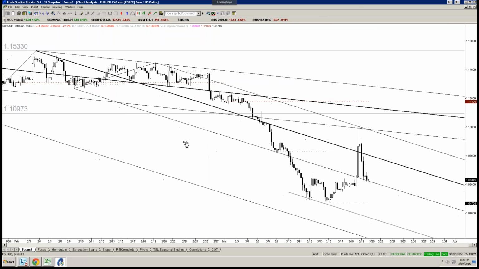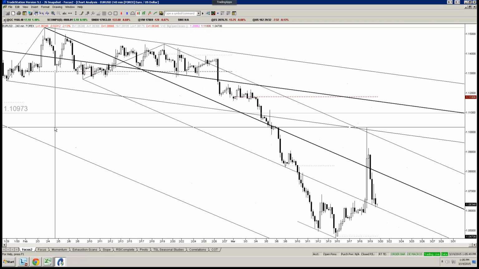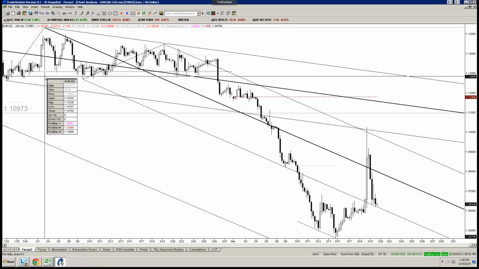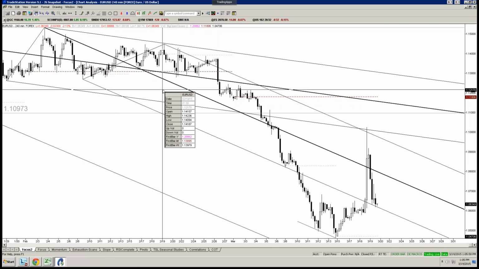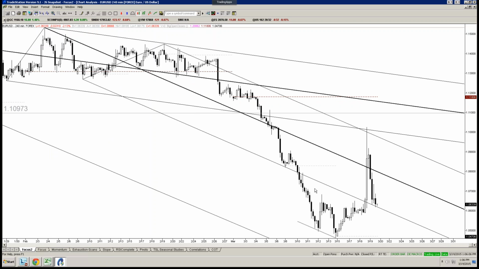I would definitely keep this on your euro chart, whatever intraday chart you're looking at, and those are the February 3rd high, the February 9th low, and the February 19th high. So I would keep that pitchfork in mind.